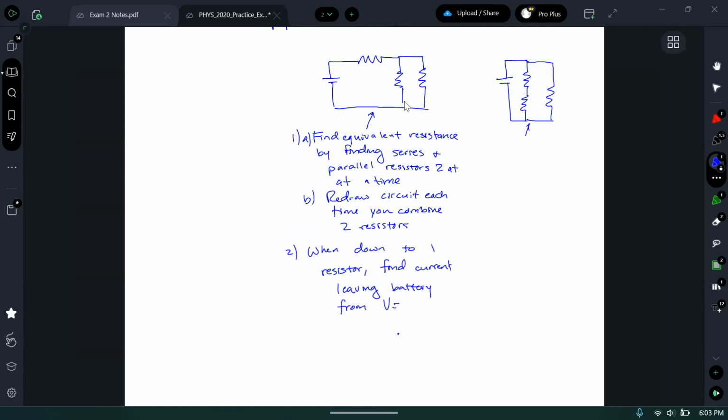Because if you have only one resistor in the circuit, then that equation is pretty straightforward. This is just the battery voltage. This is the current leaving the battery, and this is the equivalent resistor.